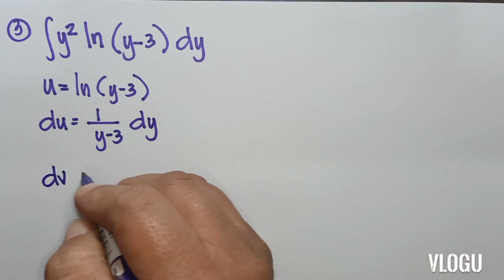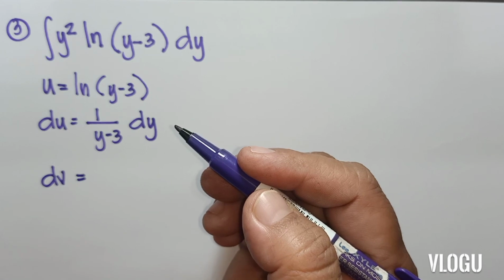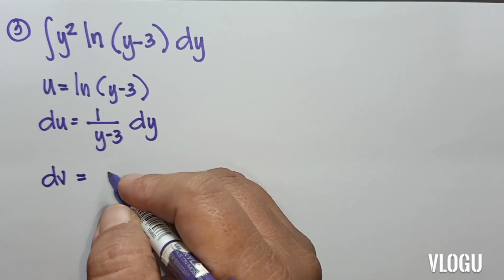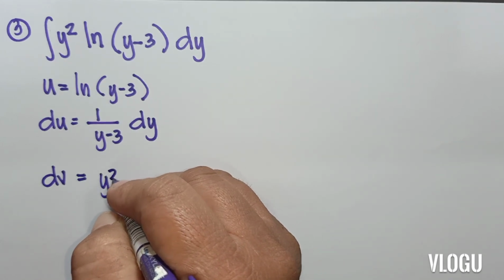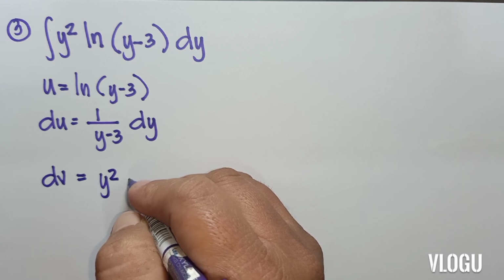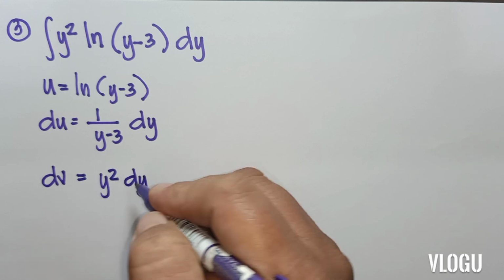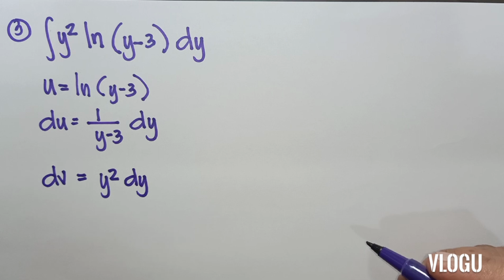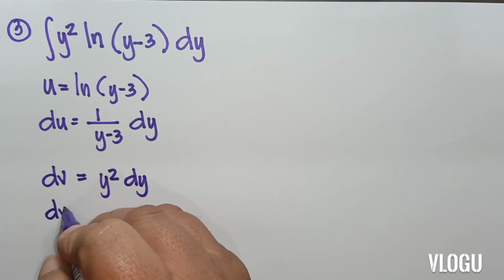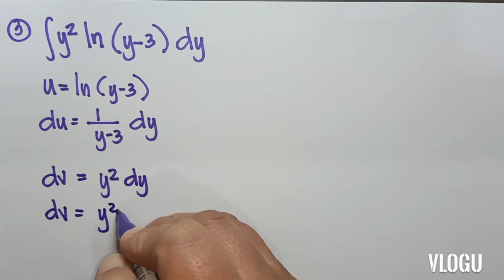Our dv is equal to y squared dy. Integrating both sides, you will have v as the integral of y squared dy.